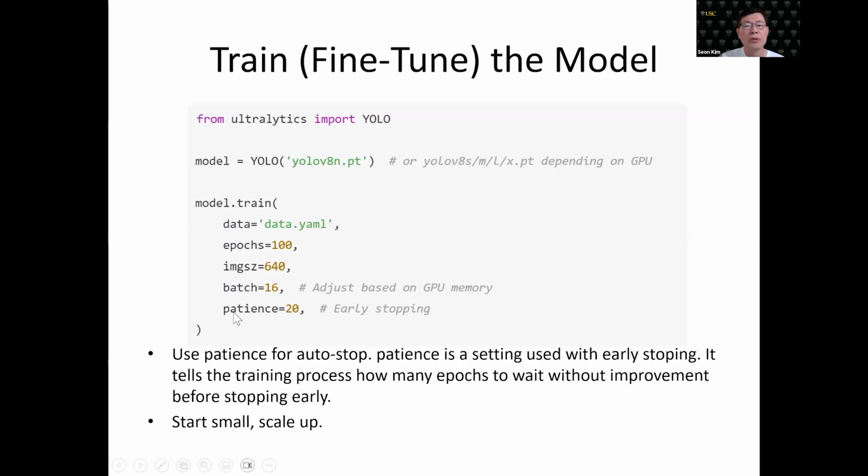And there is something called patience. This is a very interesting concept. For example, when you iterate 100 times, your expectation is that more epochs means higher accuracy, but not always. After a certain number of epochs, everything can converge, meaning no enhancement in accuracy.